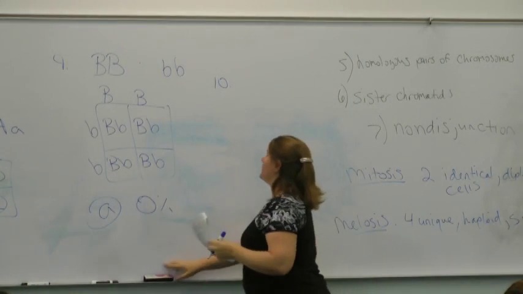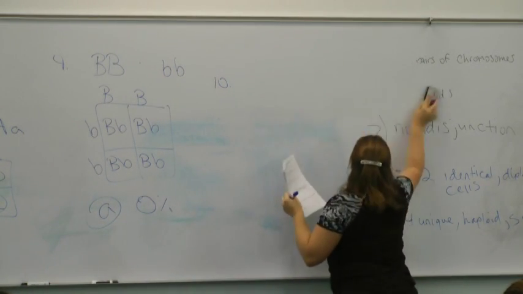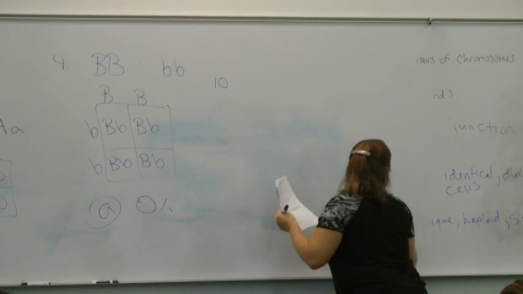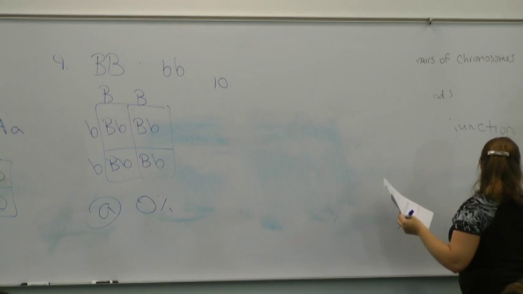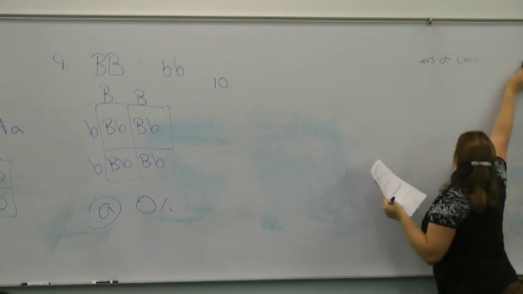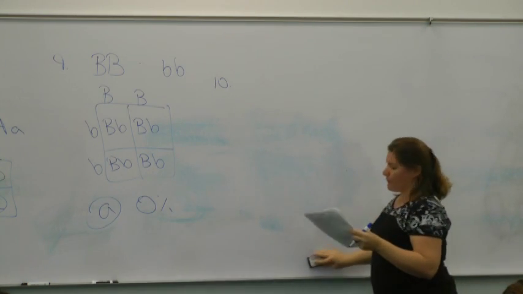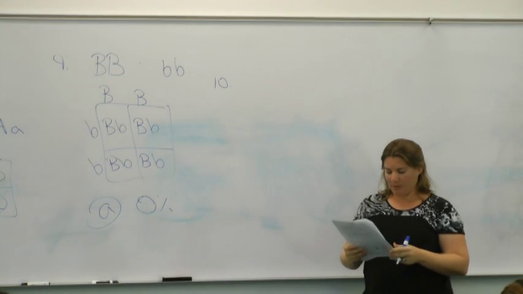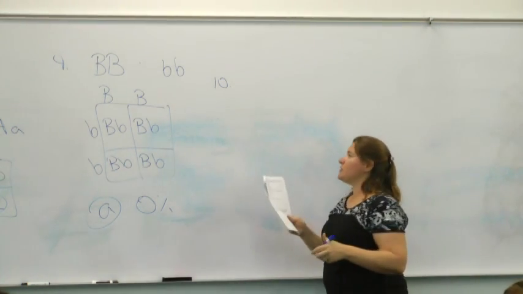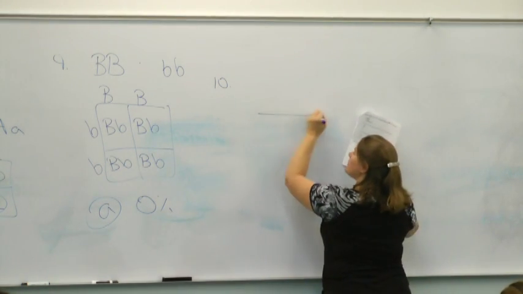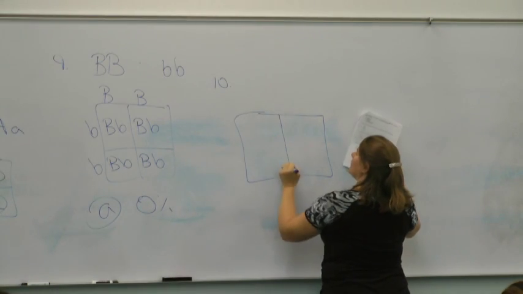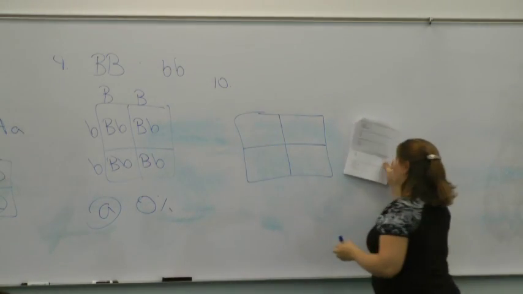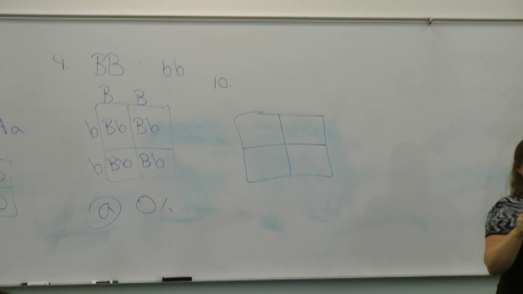Okay, question 10 is a monohybrid cross involving blood types. And this is kind of like the hardest blood type question you could get because this has limited information. I know we did a whole lot of practice in that one class on blood types, but this one has limited information. Why am I saying that? What's the limited information? We don't know if one of the parents is heterozygous or homozygous.